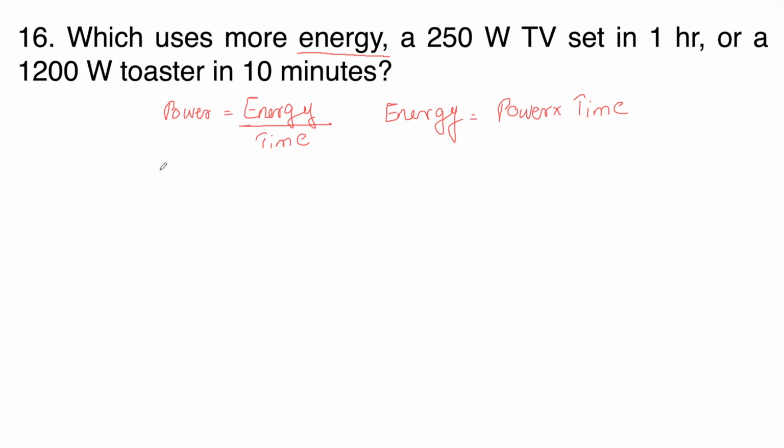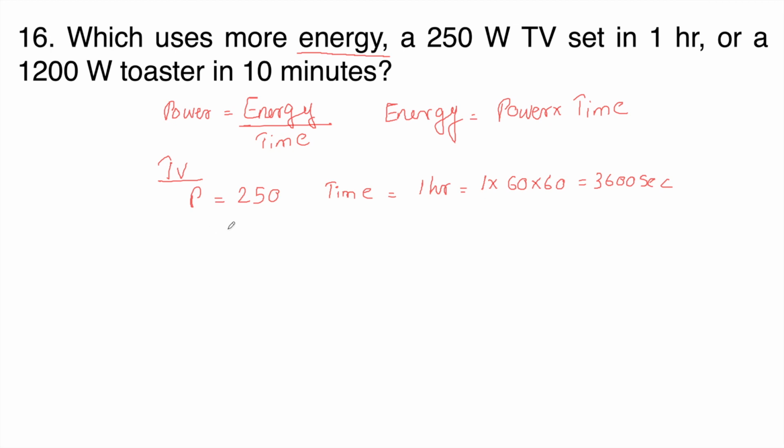So in the case of TV, what is the power here? Power is 250. Time is 1 hour. Okay, 1 hour, we should calculate this in seconds. So that means 1 into 60 into 60, that is 3600 seconds.